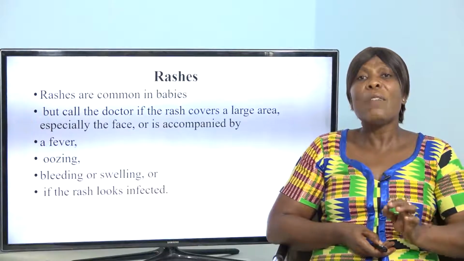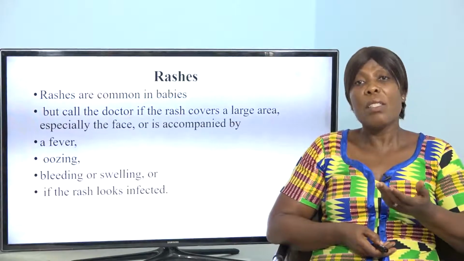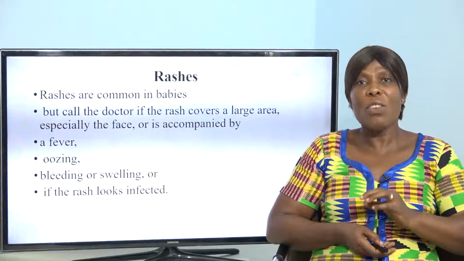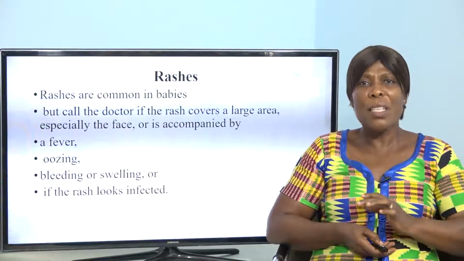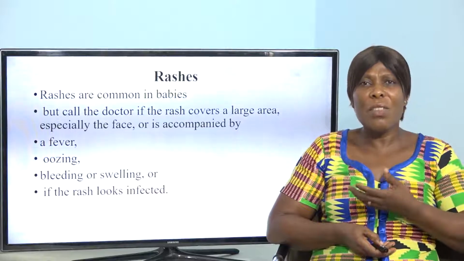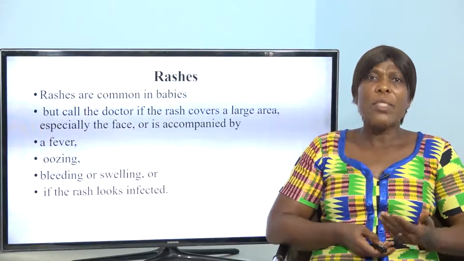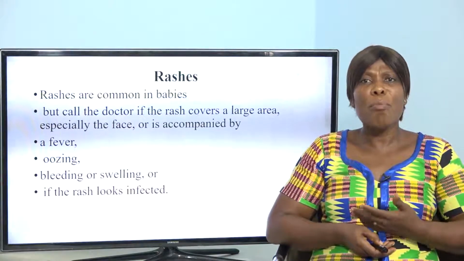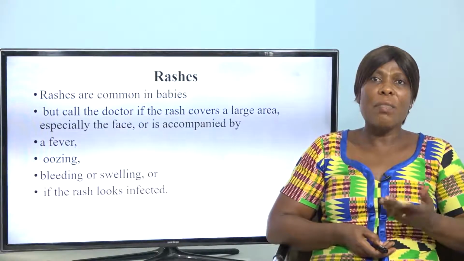So when you identify these rashes, some people may say it's as a result of what? It's rash. But you need to assess the form of rash on the baby, exactly where the rash is appearing. Especially you see these rashes on their face, their cheeks, and then around the neck. So you need to assess the rash, and then quickly you inform your doctor about the rash and the area, especially with the face.